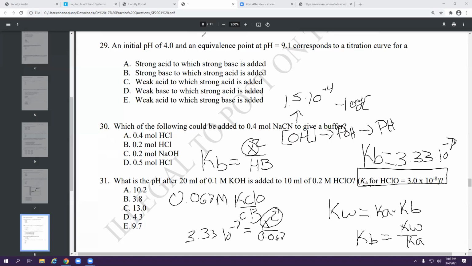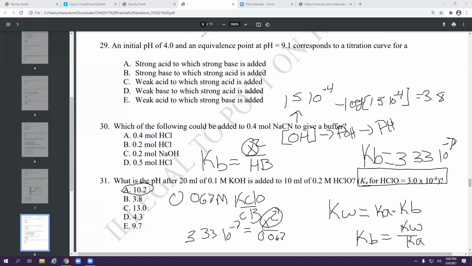The negative log of 1.5 times 10 to the negative 4th is, I don't know yet, give me 1 second. 3.8. That minus 14 is 10.17 or 10.2. Does that make sense how to get that one?